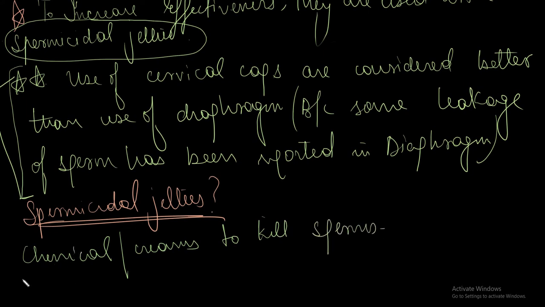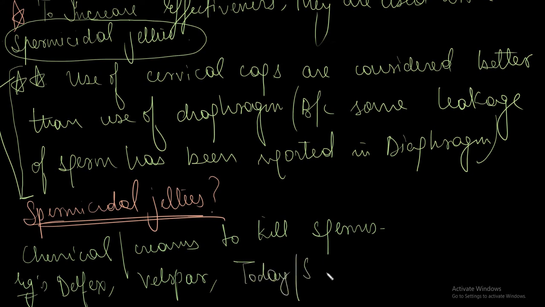I am writing down some names that are not important, but I have to give my 100% to you. But these names are not important from my NEET point of view. The names of spermicidal jellies are Delfen, Welspar, Today, vaginal contraceptive sponge.